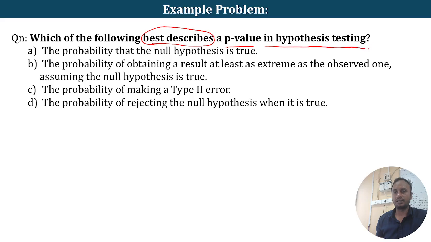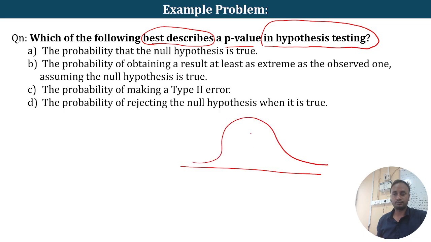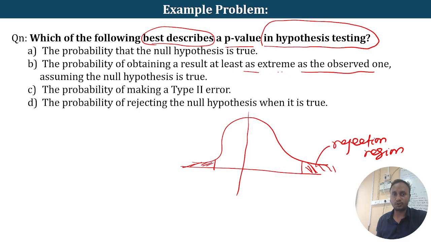When I told you about the extreme, they are giving the rejection region. So the probability of obtaining a result at least as extreme as the observed one, assuming that the null hypothesis is true. So this option will be correct.